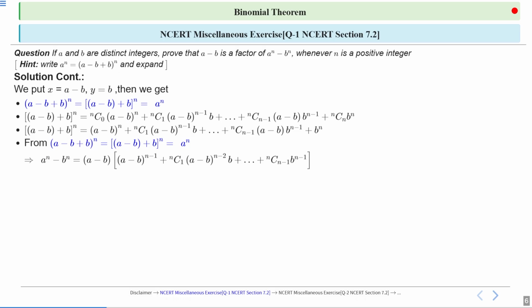So it implies a to the power n minus b to the power n is equal to (a minus b) times [(a minus b) whole to the power n minus 1 plus n choose 1 (a minus b) whole to the power n minus 2 times b plus dot dot dot plus n choose n minus 1 times b to the power n minus 1].